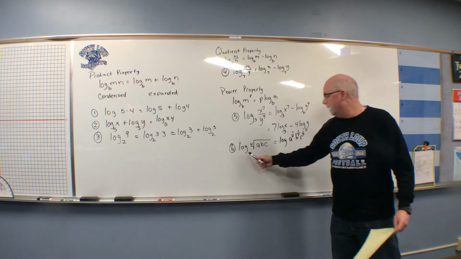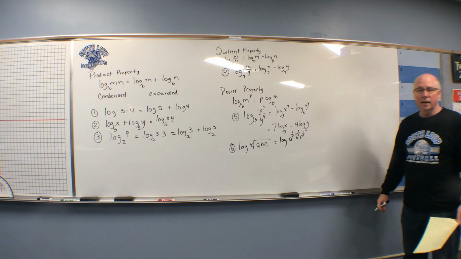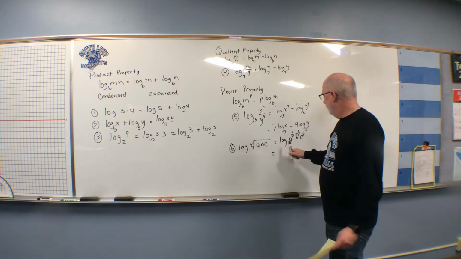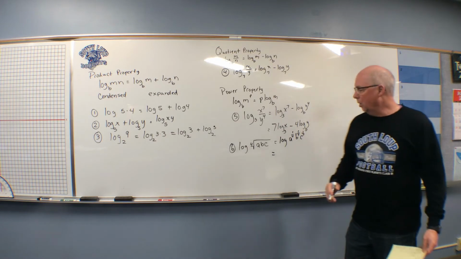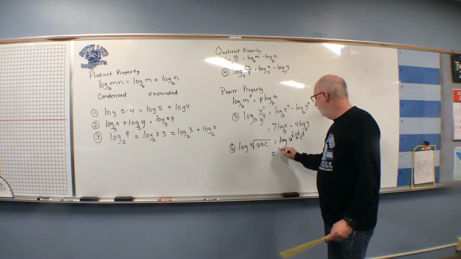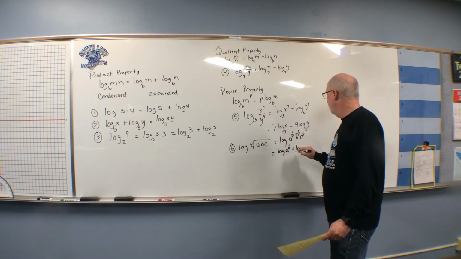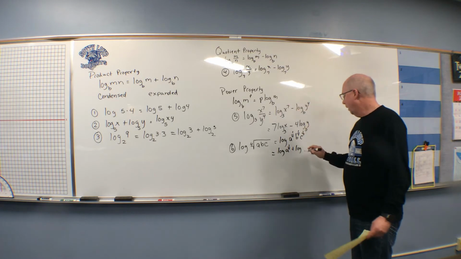And remember that our base is base 10. It is a common logarithm. So now we have the product rule and the power rule working together. I'm going to separate it into the three by adding them together using the product property.